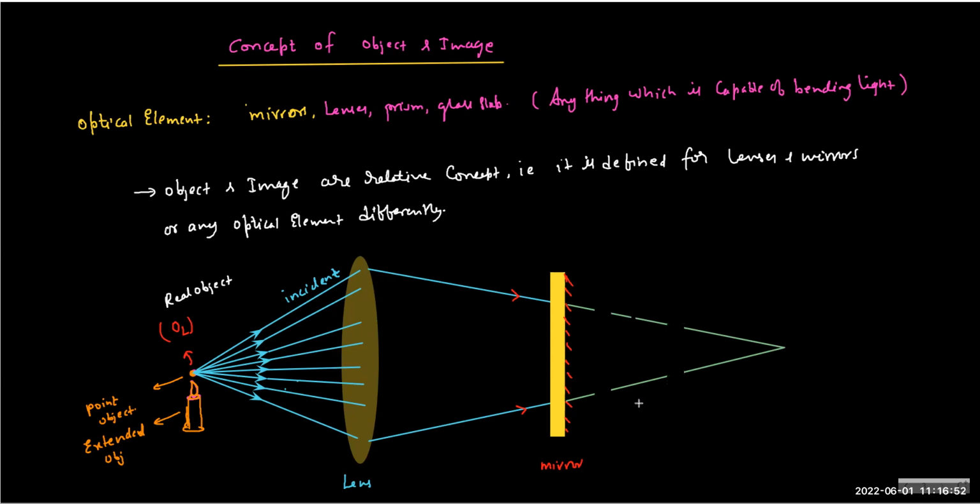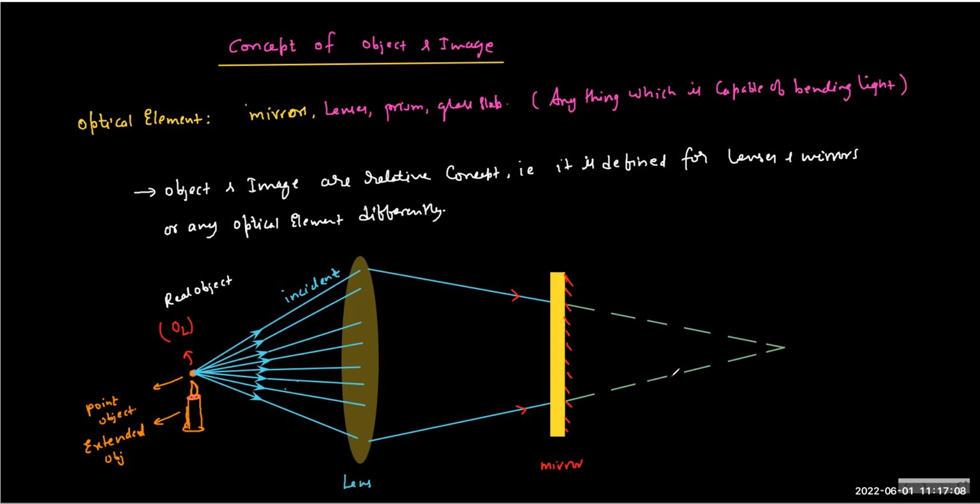We denote this by a dotted line, because we know that the light ray is not able to reach there. This is the extension of the incident light.